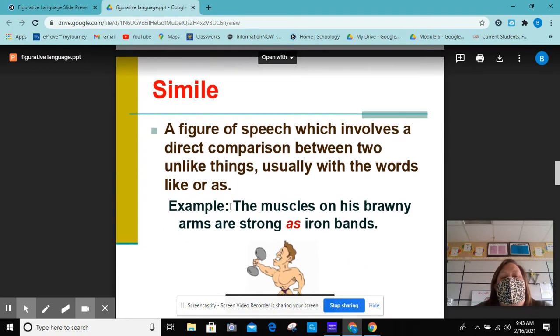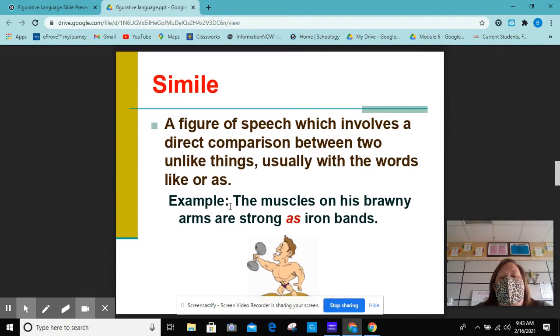All right, simile is a figure of speech which involves a direct comparison between 2 unlike things, usually with the words like or as. The muscles on his brawny arms are strong as iron bands. What are they comparing?